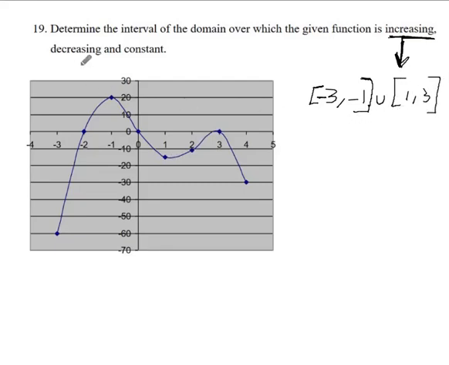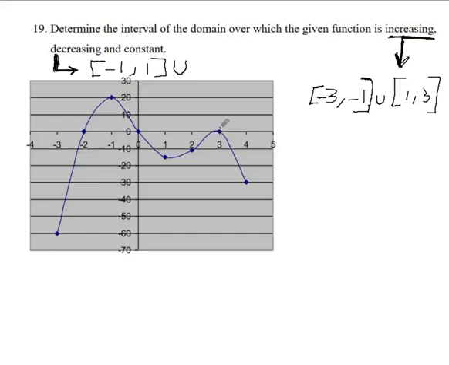That would be increasing. Decreasing would be from -1 to 1. So from -1 to 1, this function is decreasing. Also, union that with where else it is decreasing.